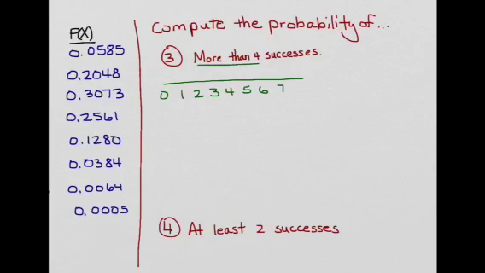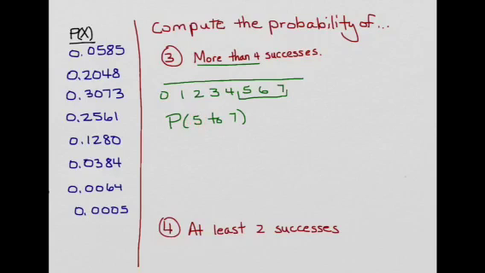So this says more than 4 successes. So more than 4 would be anything from 5 up to 7. So now we're calculating the probability of from 5 to 7 successes. But here's the problem. Remember I said before, because of the way the calculator works, we have to start at 0. So this isn't going to work because we're starting at 5.